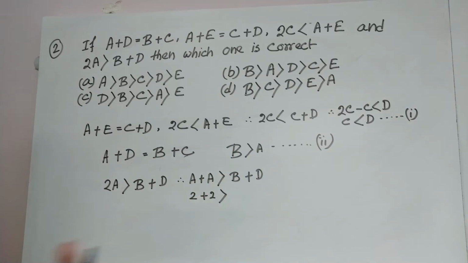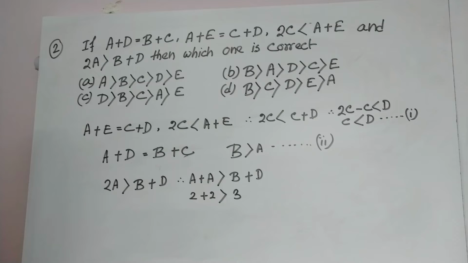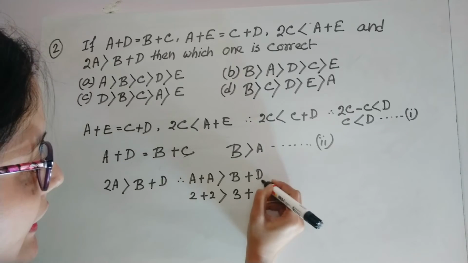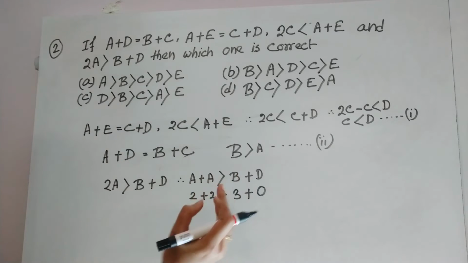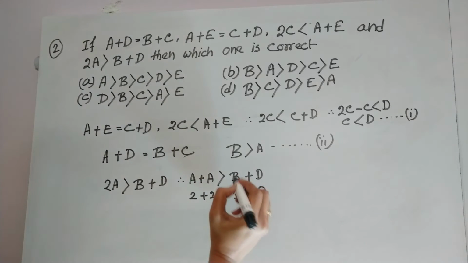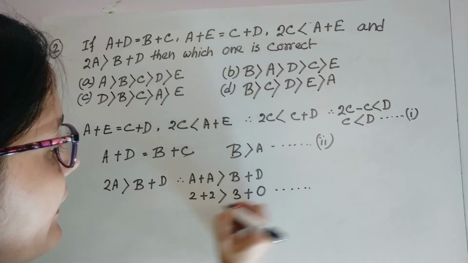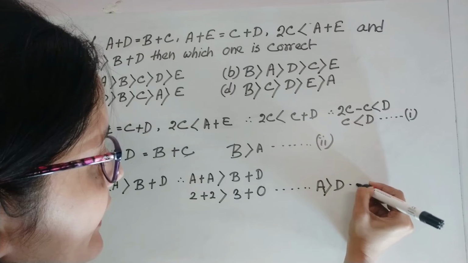Here b is bigger than a. Therefore b has to be 3. Sorry. As b is bigger than a, then b has to be small enough to make this part greater than this part. Therefore, from here what can we conclude? a is greater than d.